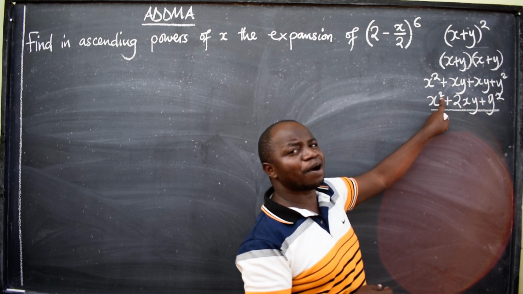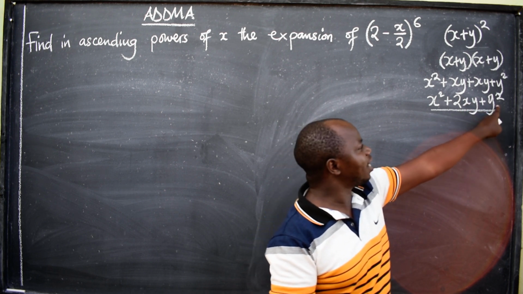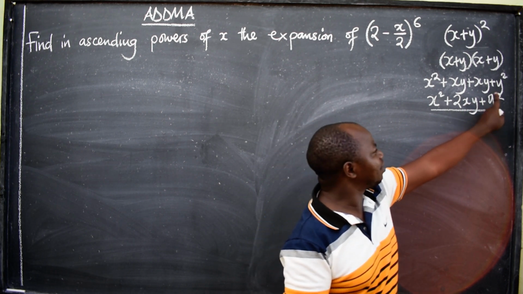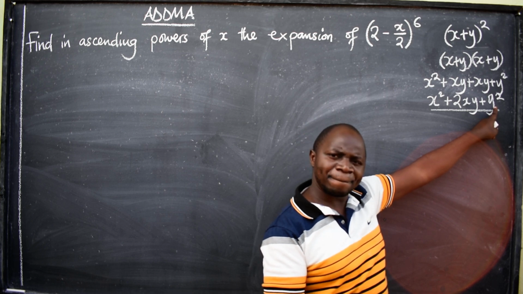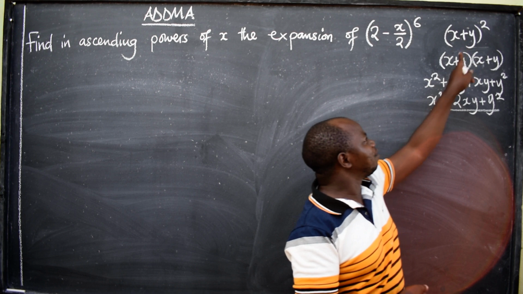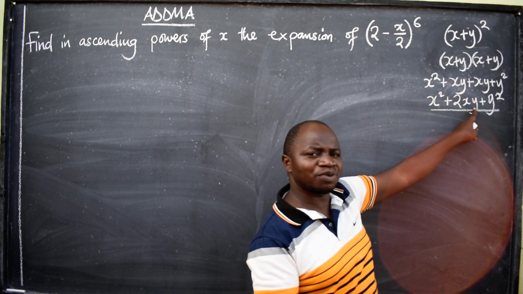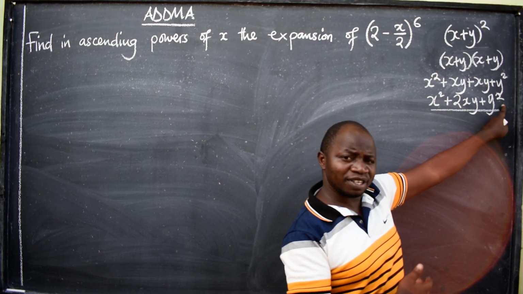Here, x to the power 2, here, x to the power 1, here, x to the power 0. That's the reason why you're not seeing it there. It will be opposite to this one. This one will start with y to the power 0. Here it increases to 1, here it increases to 2.